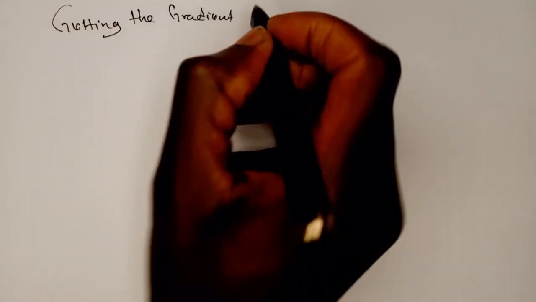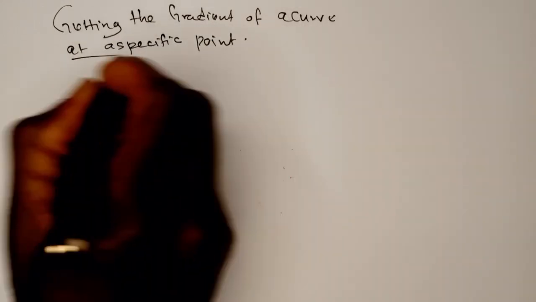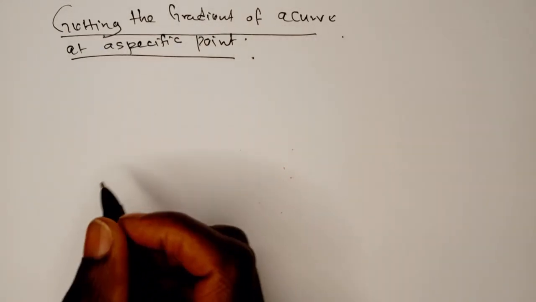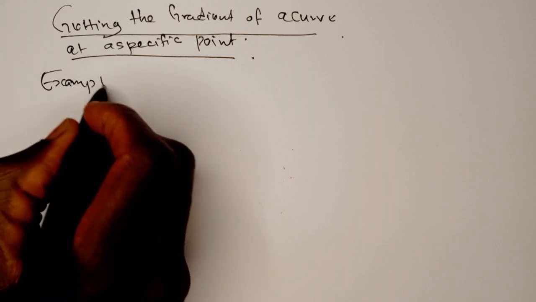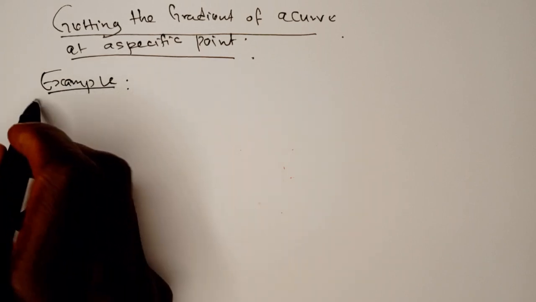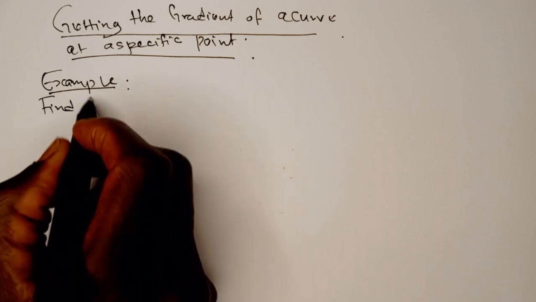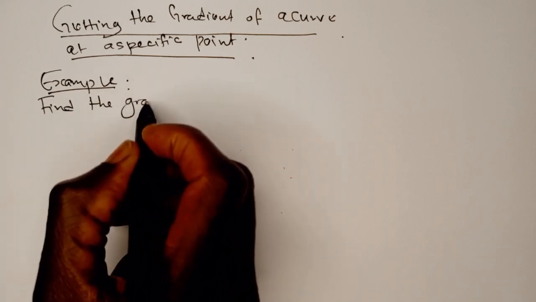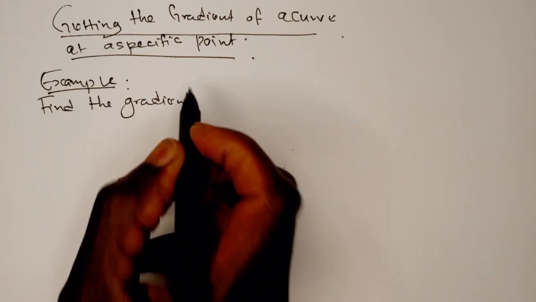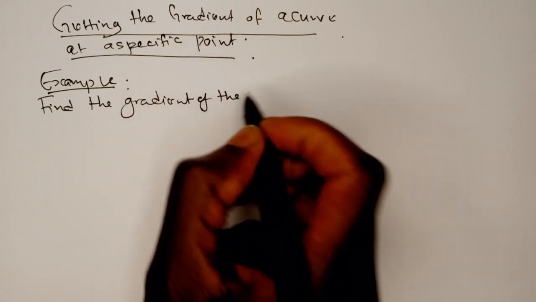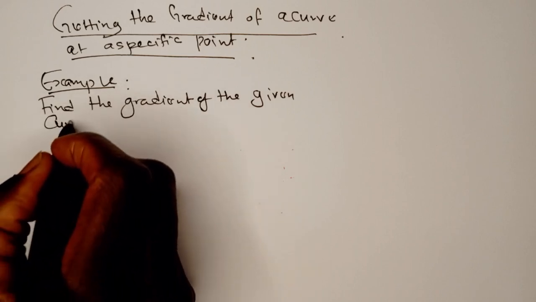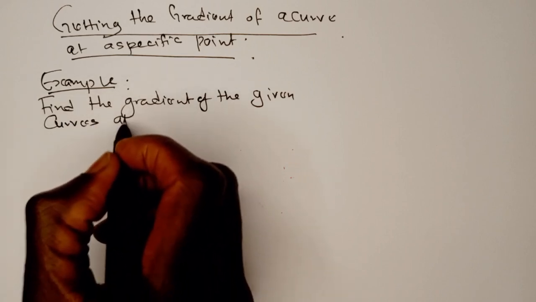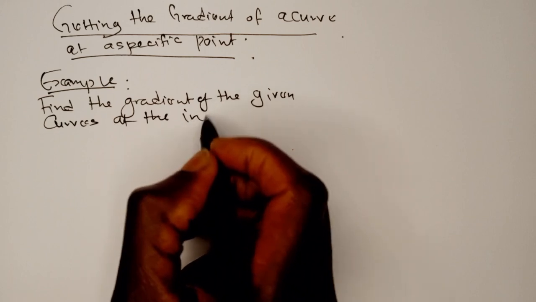So now, example. I've been told to find the gradient of the given curves at the indicated points.